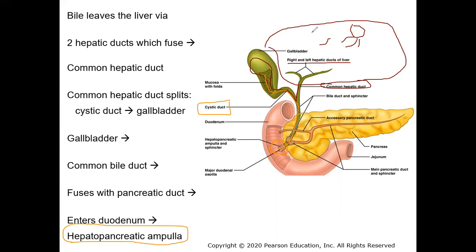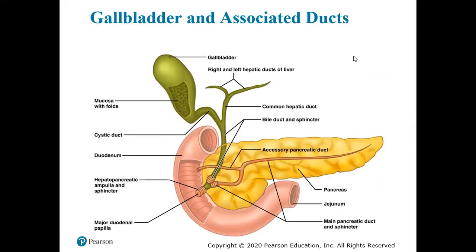as well as if you are given a diagram, what duct could be labeled. So this is just another blow up of that same diagram. The liver is going to produce bile. It flows through bile canaliculi. It will empty into either the right or left hepatic duct, which then come together to form this common hepatic duct.